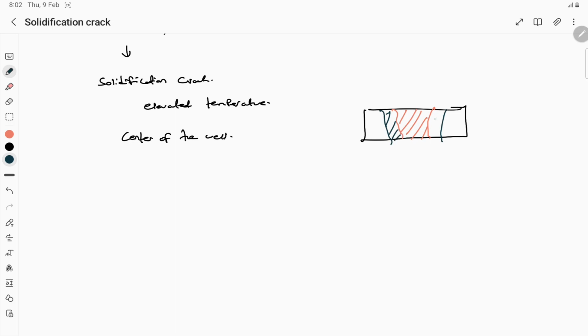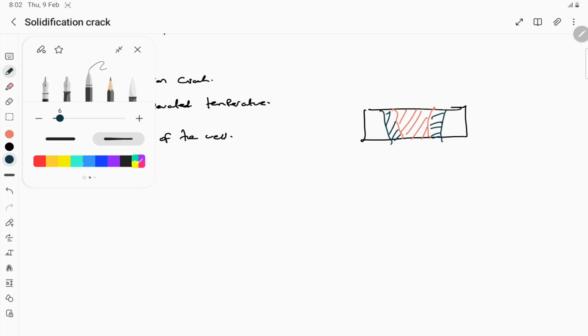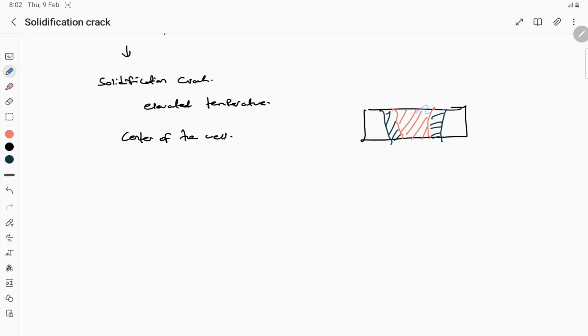So this is the heat affected zone. So mostly this solidification crack can be seen at the weld center. So if you see any crack in the microstructure at the weld center, you can confirm that it may be a solidification crack. Okay, so that is one important thing you should note on where it occurs, mostly at the center of the weld.